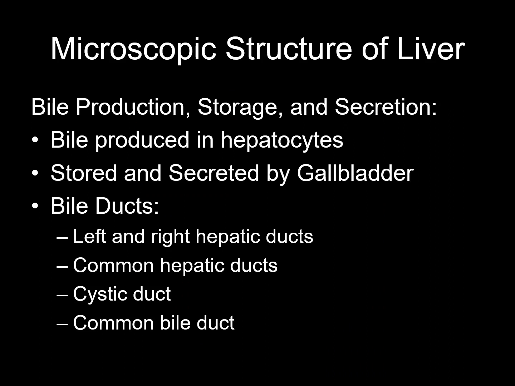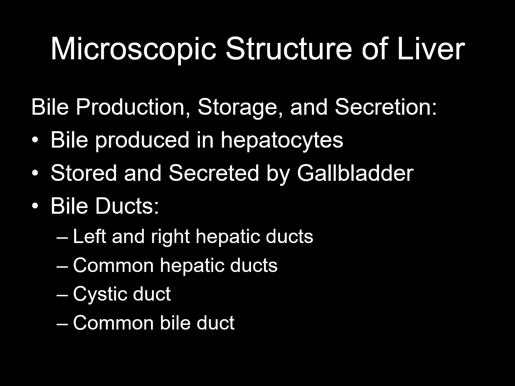So we talked about blood supply coming in and going out of the liver, but another big function of the liver is to produce bile. The hepatocytes, the liver cells, are the ones that produce the bile. A lot of people get this confused because they think the gallbladder is responsible for producing bile, but it's actually the liver.